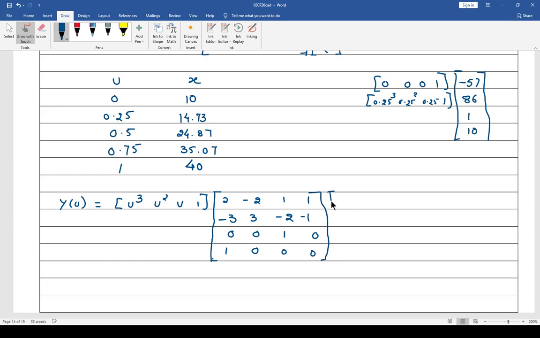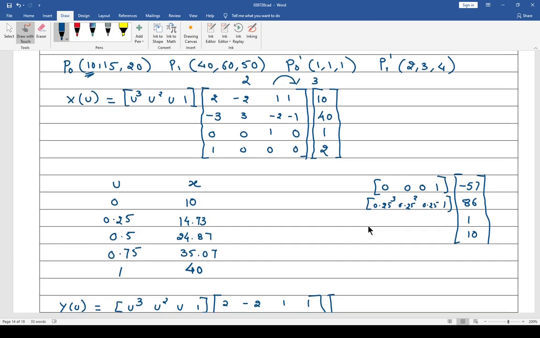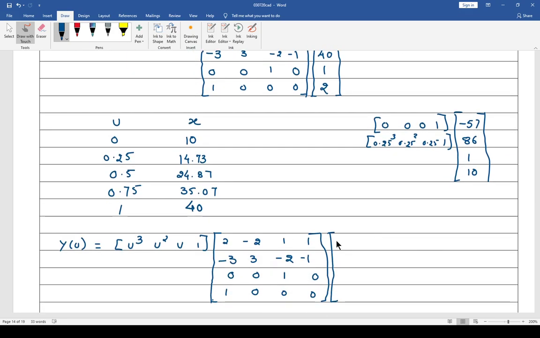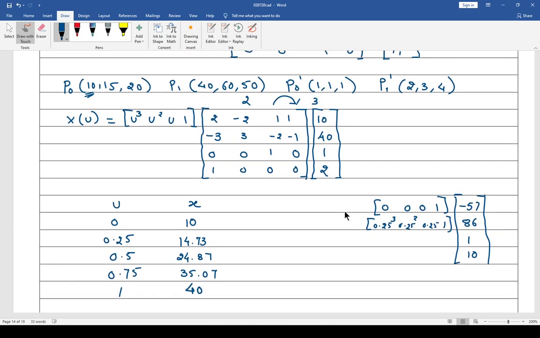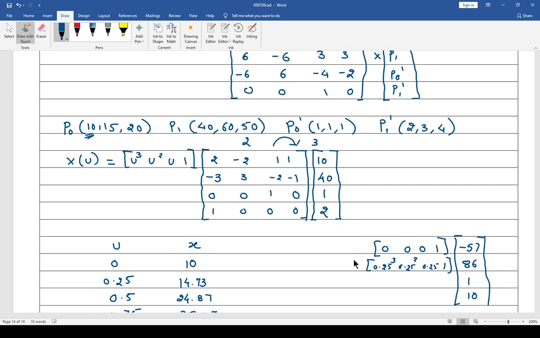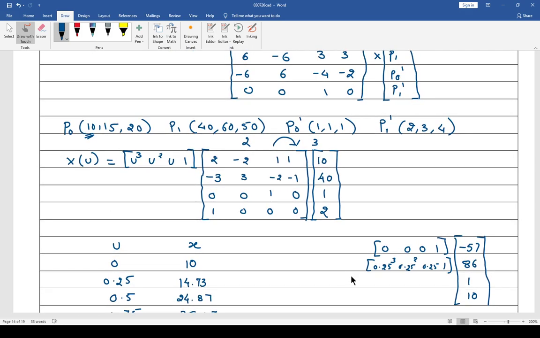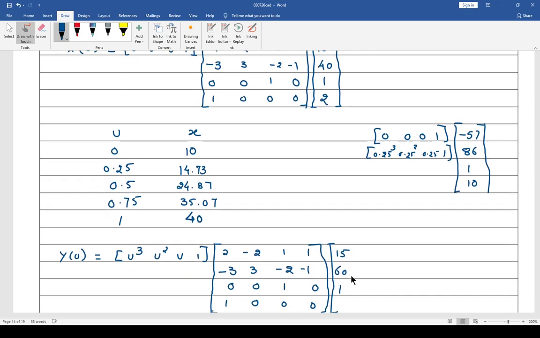Okay, into y0. So y0 is 15. y1 is 60. y0 dash is 1. y1 dash is 3.